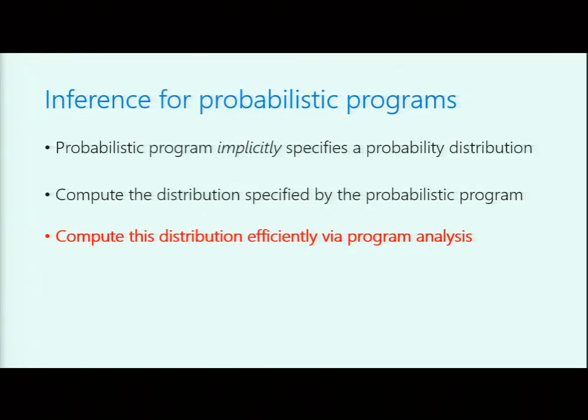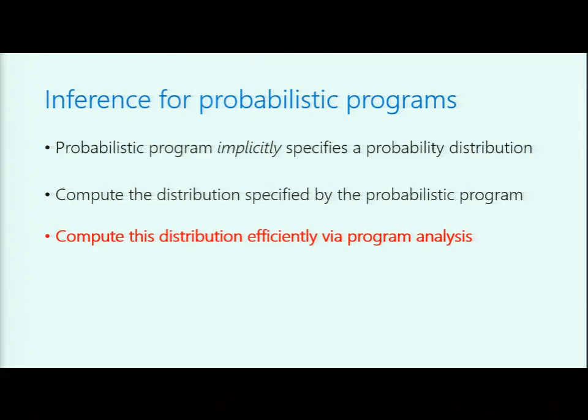What I'll show you for the rest of the talk is two things: how to compute the distribution specified by the probabilistic program efficiently using program analysis, and also give you a sense for what it means to prove the correctness of these algorithms.